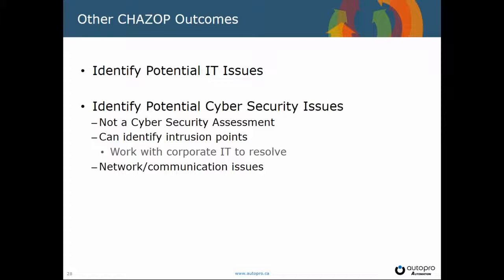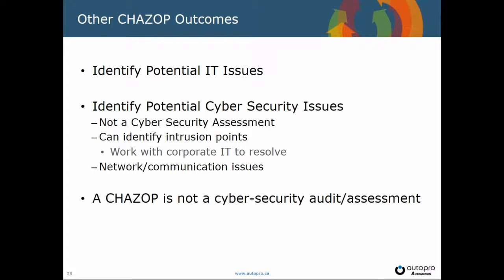Sometimes it's just mechanical lockouts on network ports and access, login IDs. We can identify potential communication and network issues. But again, I need to stress that the CHAZOP is not a cybersecurity audit or assessment, but it can identify the need for one.